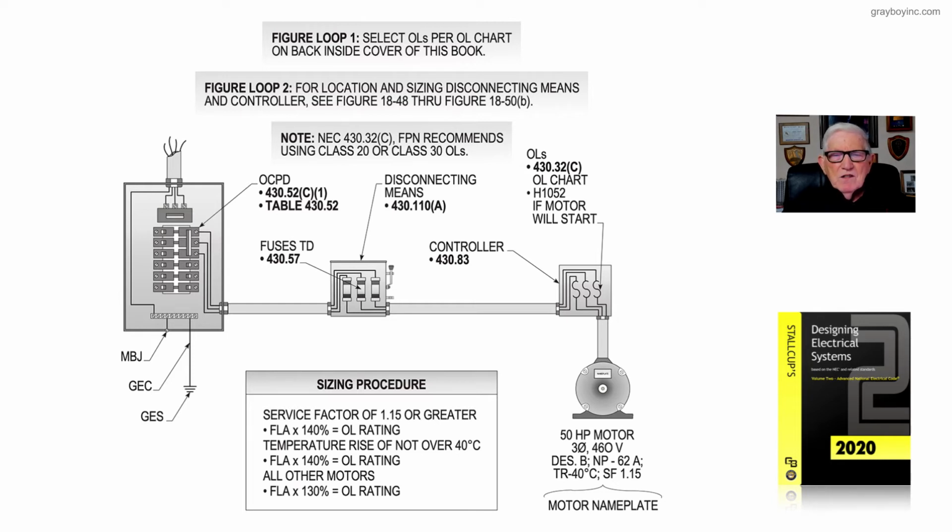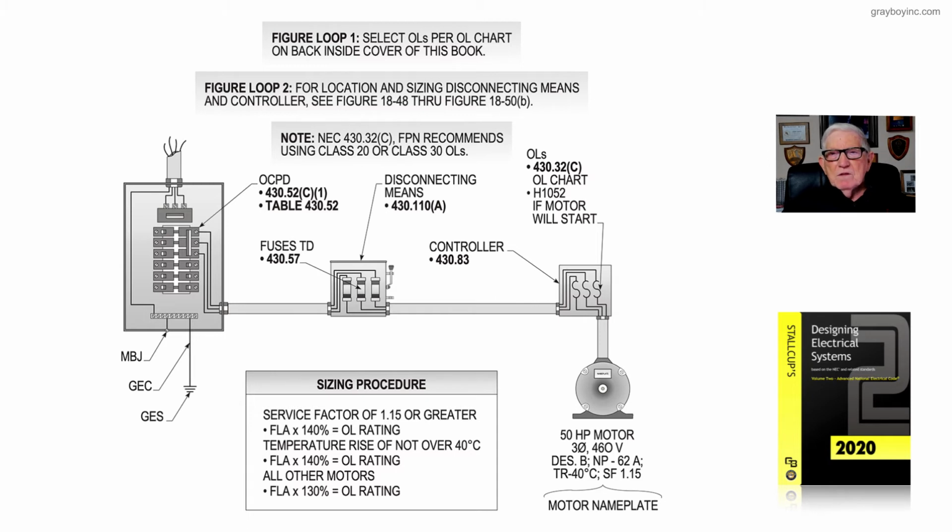But notice sizing the procedure. That is changed. The 1.5 or greater service factor is 140%. And the temperature rise of 140% is when you're not over 40 degrees C temperature rise.